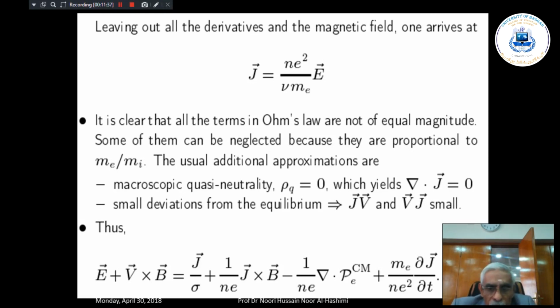E plus V cross B equal J over sigma plus 1 over n e J cross B minus 1 over n e del dot P plus m e partial J/partial t over n e squared.